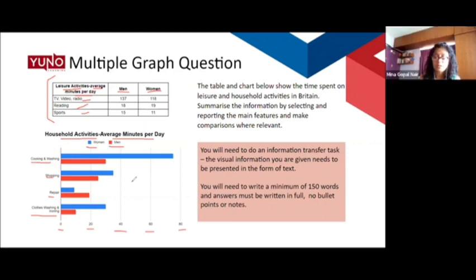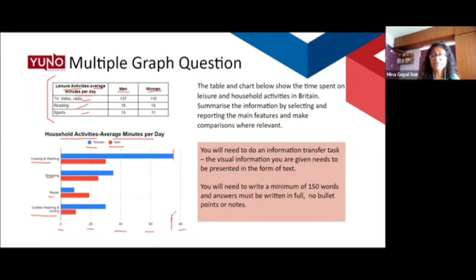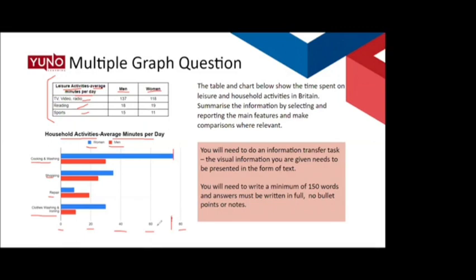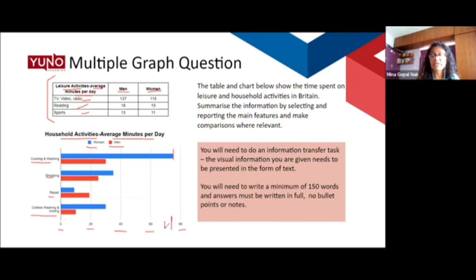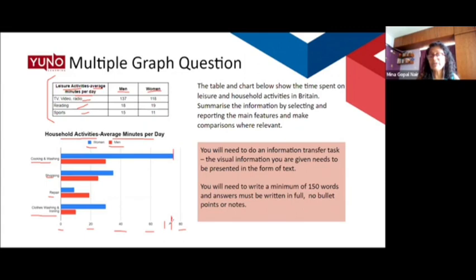In this situation, for example for cooking and washing, should we write that women spend somewhere between 60 to 80 minutes, or make a rough estimate, or give a guess figure? I could say this could be 70 or 75. 70 will be exactly half of this, right? Yeah, between 60 and 80. So this is almost around 75.